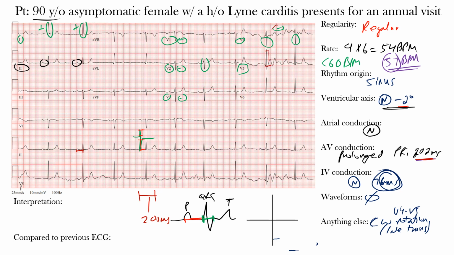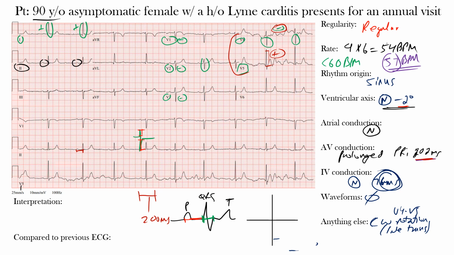So we're going from mostly negative to mostly positive between V4 and V5. So our transition occurs somewhere between there because we don't have a perfect isoelectric QRS complex, okay? So we call this a clockwise rotation or late transition. And again, one thing to keep in mind for R wave progression as well as for transitional zone in the precordial leads is that it's highly dependent on lead placement, which makes this an imperfect science.